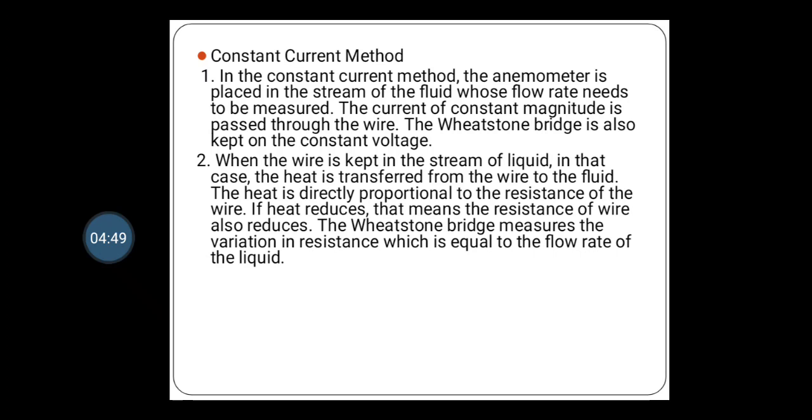When the wire is kept in the stream of the liquid, heat is transferred from the wire to the fluid. The heat is directly proportional to the resistance of the wire. If heat reduces, that means the resistance of the wire also reduces. The Wheatstone bridge measures the variation in resistance, which is equal to the flow rate of the liquid.